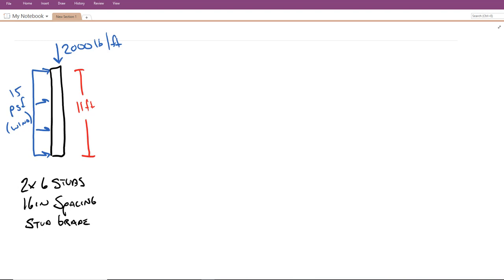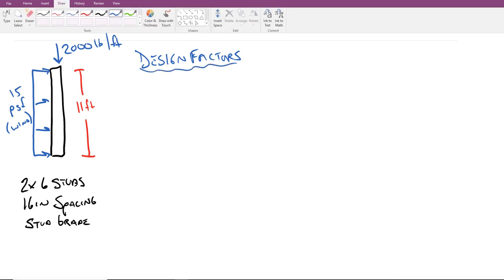First thing I want to do in this problem is go ahead and find the factors that I need. We'll call it design factors. I need to pull some values from some of the tables.